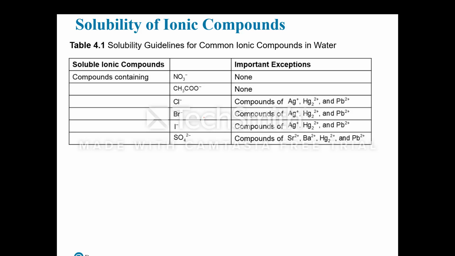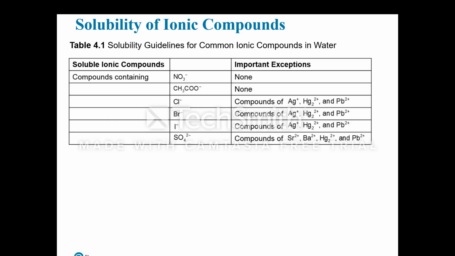Some examples of insoluble halides are all the silver halides, including silver 1 chloride, silver 1 bromide, and silver 1 iodide. Other insoluble halides include lead 2 chloride, lead 2 bromide, and lead 2 iodide. These are all insoluble in water.